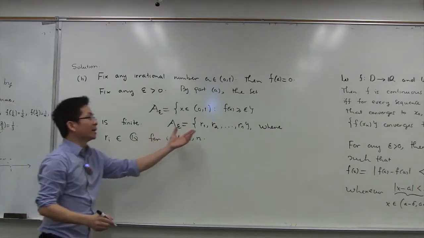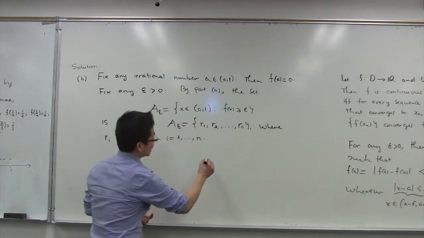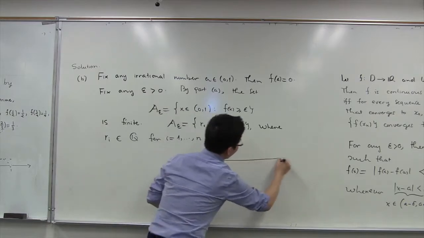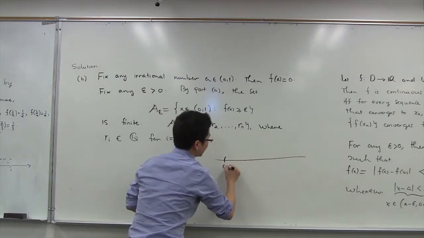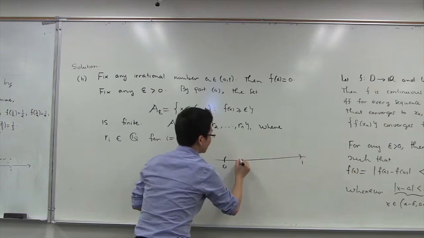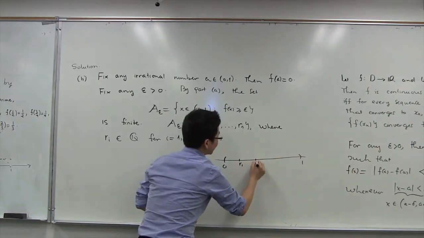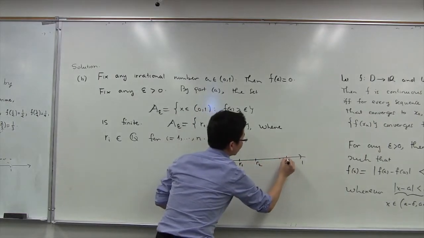So this is a finite set. I can represent it on the number line as follows. So this is 0, this is 1, this is r1, r2, up to rn.